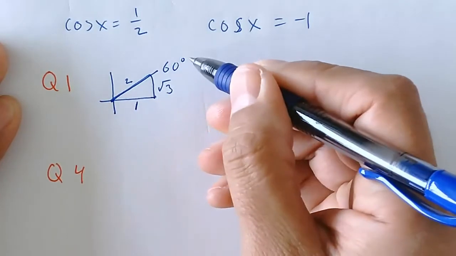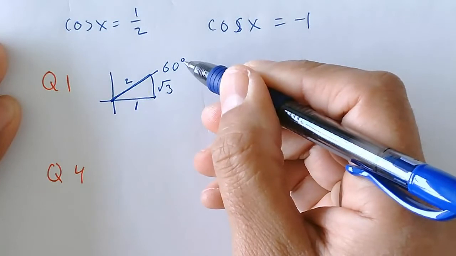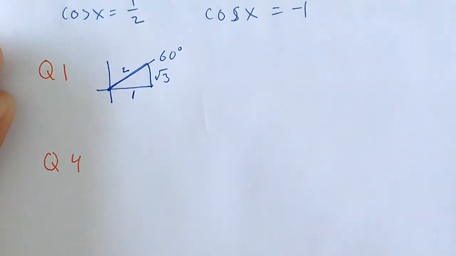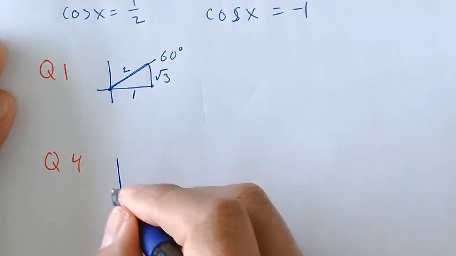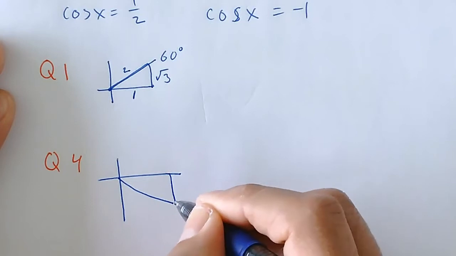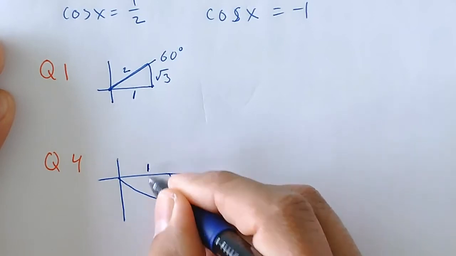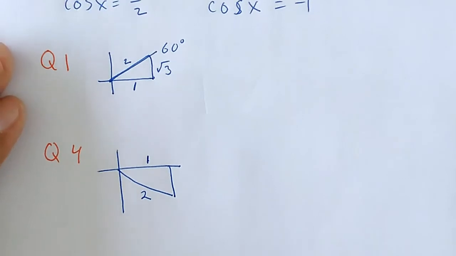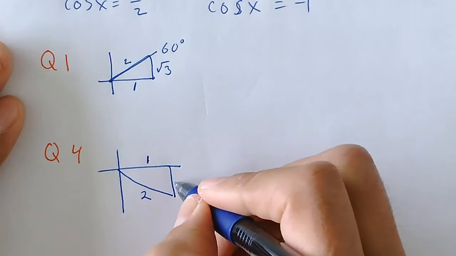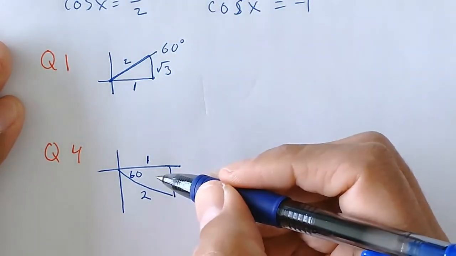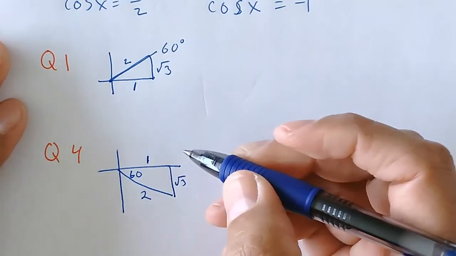If I'm in quadrant 4, the idea will be the same. I have adjacent, I have hypotenuse. This angle is only the reference angle. The actual angle that I'm looking for will be 300 degrees. We got to convert to radians.